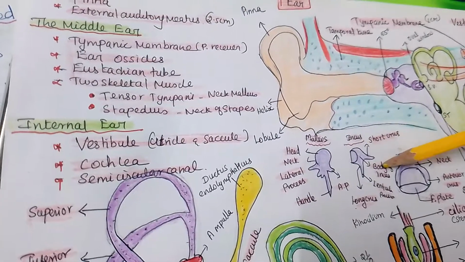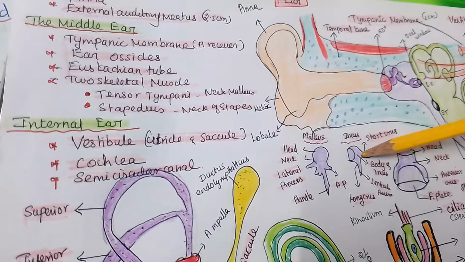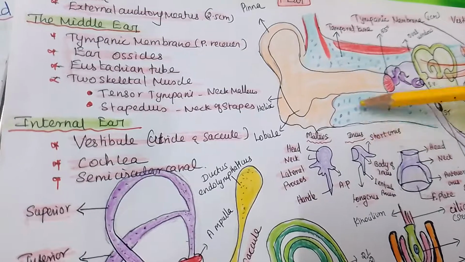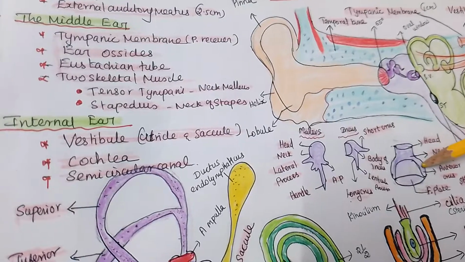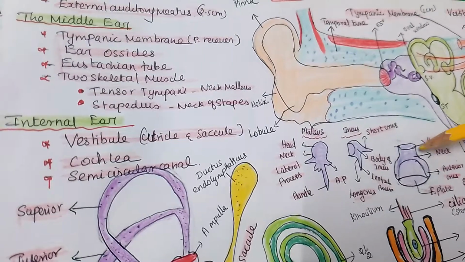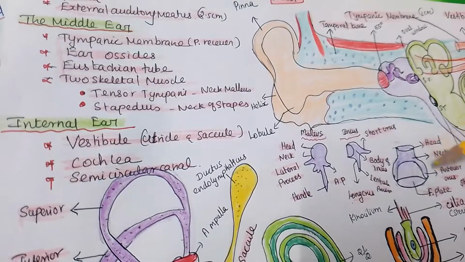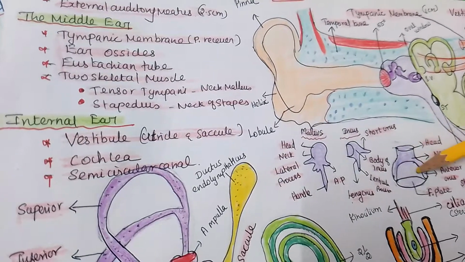This one has the short crus, long crus and lenticular process, and this is the body of the incus. And what about the stapes? The stapes has a head, neck, anterior crus and foot plate. These three bones, the smallest one is called the stapes.